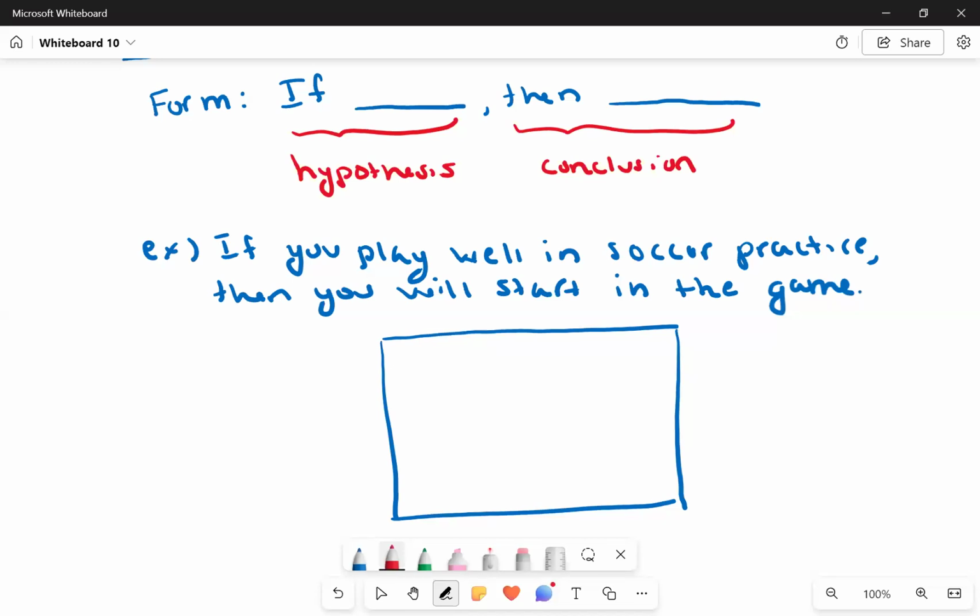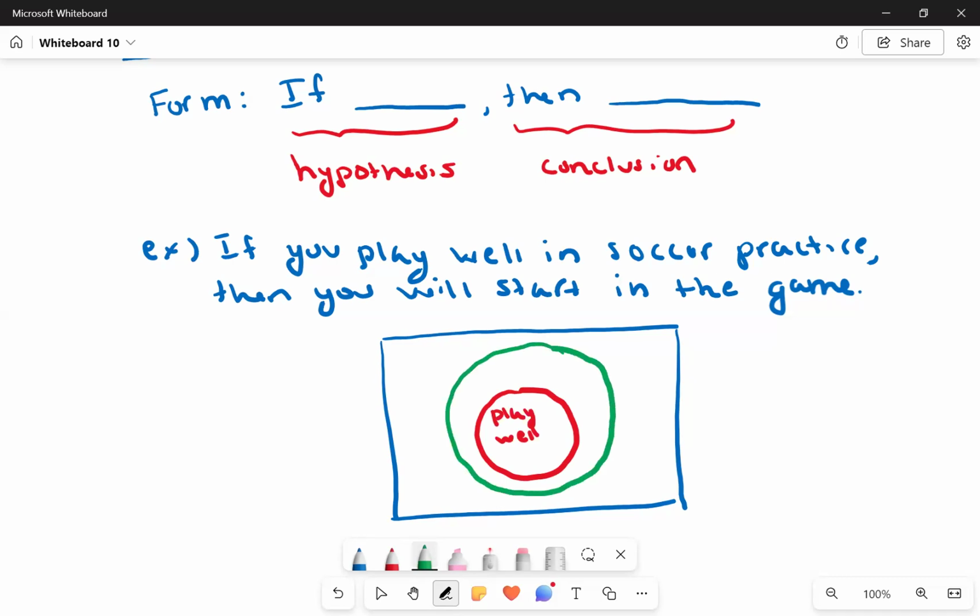So what we expect to happen is that if our hypothesis happens, in this case, you play well, then you would expect to follow from that you start in the game. And I'll just put start in the game.